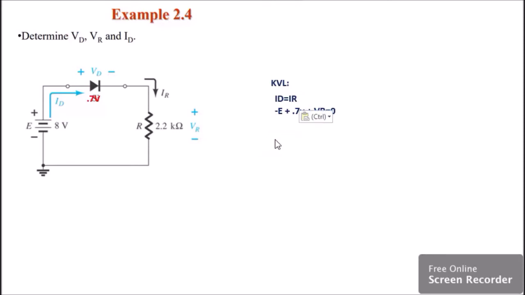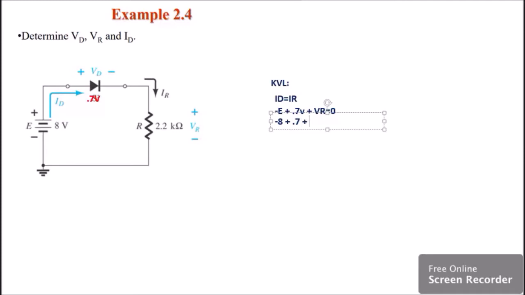Then, I'm just going to copy this one. Substituting our values, our E is 8, so we have here negative 8. The diode here is already 0.7, so we'll just plug in 0.7 plus VR.